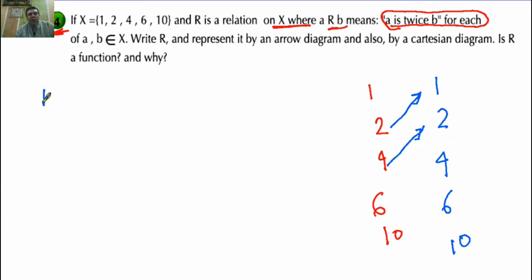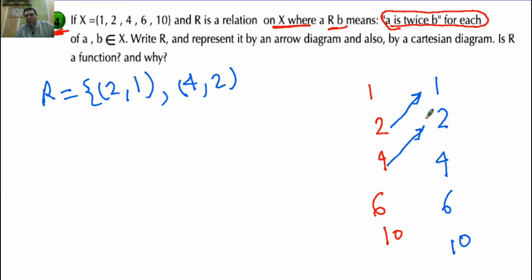Then the relation is (2, 1), 2 is twice 1, and (4, 2), 4 is twice 2. 6 is twice 3, we don't have 3. 10 is twice 5, we don't have 5. Then this is the relation, the two ordered pairs.